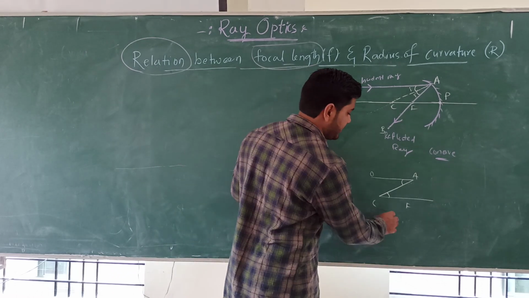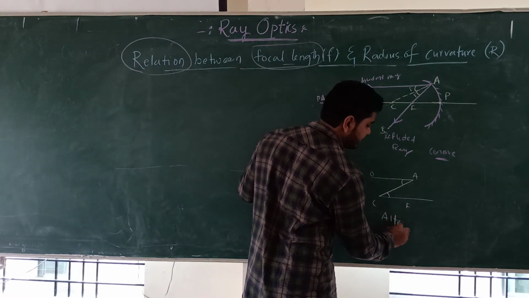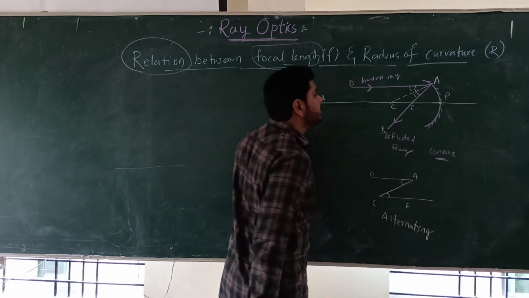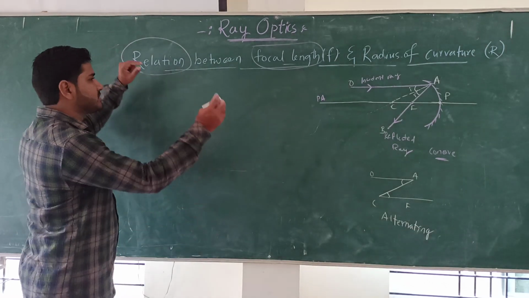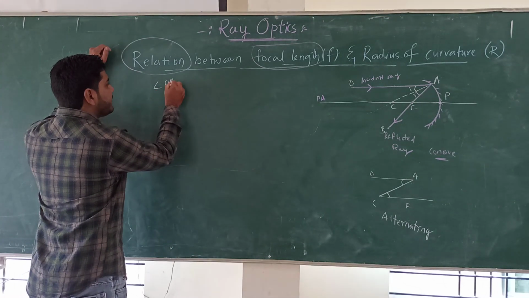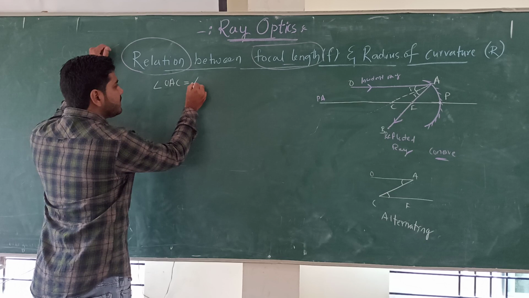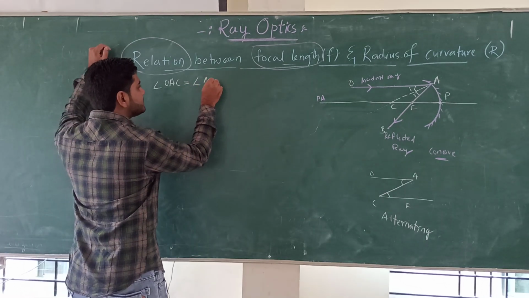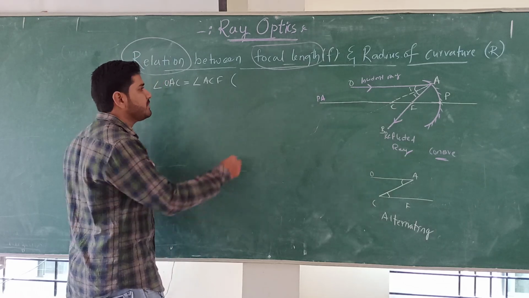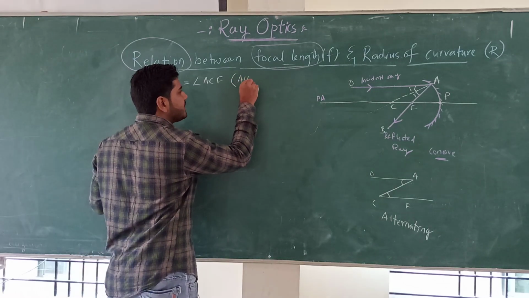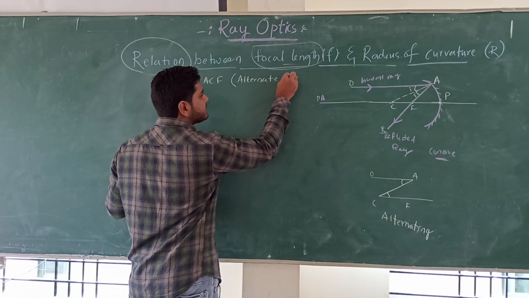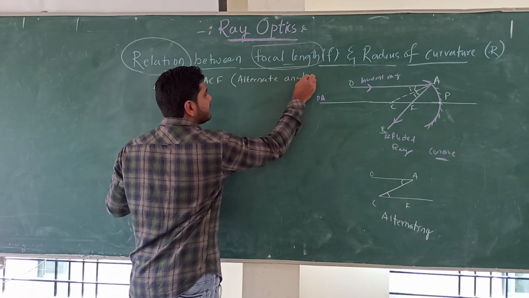Why? Because they are alternate angles. I think you studied this in 10th class. So let's write it: angle OAC is equal to angle ACF, because they are alternate angles.